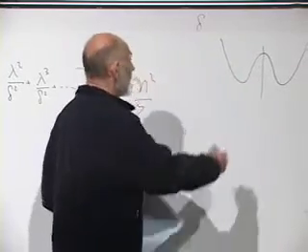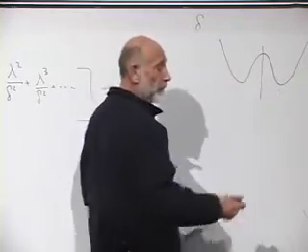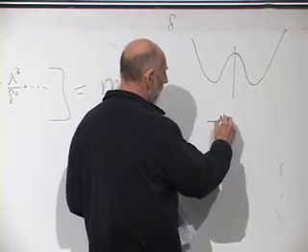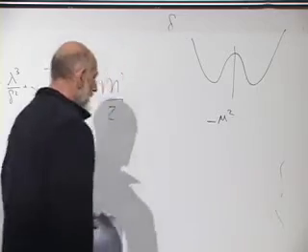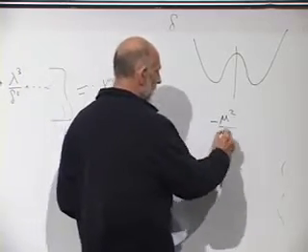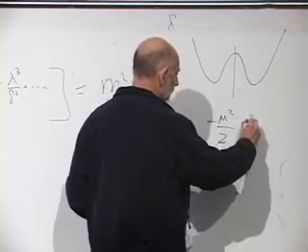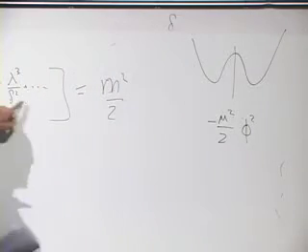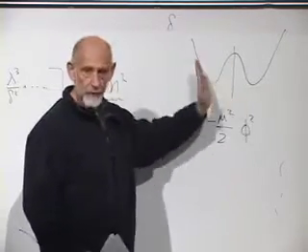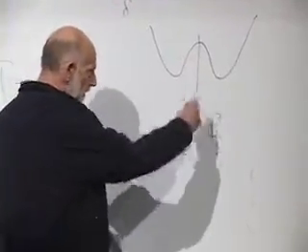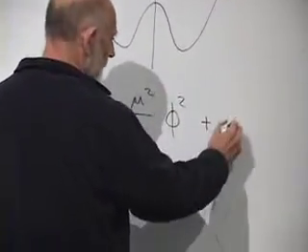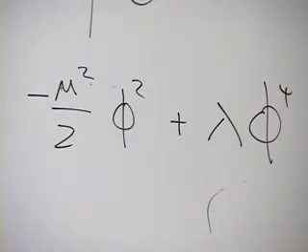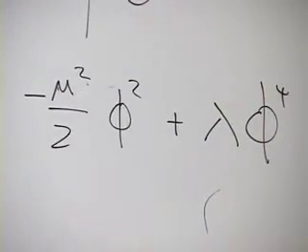But the typical potential would be of the form minus mu squared over 2 phi squared. Instead of calling it m naught squared, I've called it minus mu squared because it's got to be negative. We know that it has to be negative to get spontaneous symmetry breaking. Plus, again, lambda phi to the 4th. And there might be more terms there, but the other terms are believed not to be important.